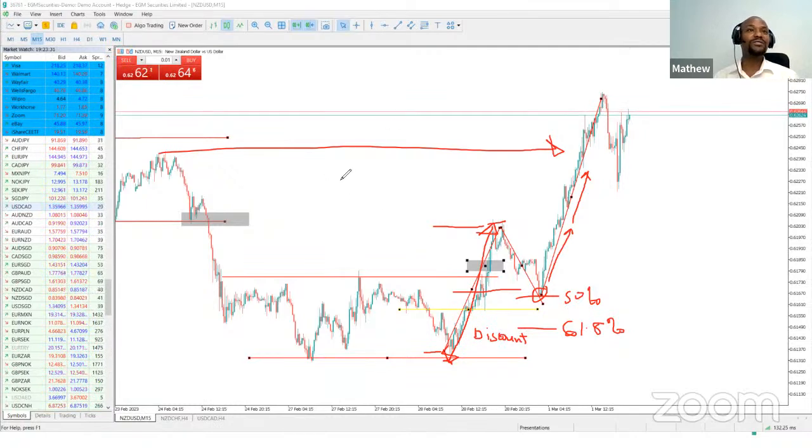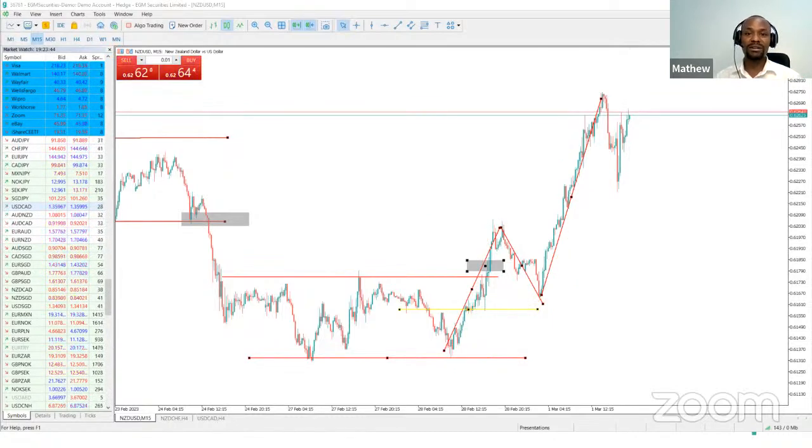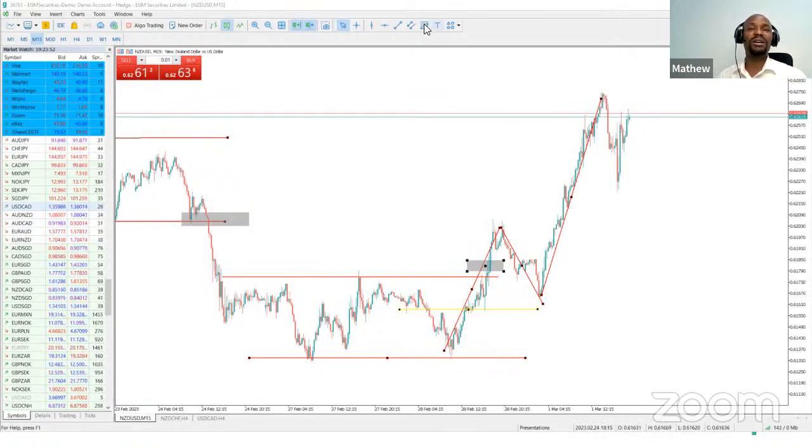For the ones who want to use a Fibonacci, let me get a Fibonacci here. You see how the price action and the retail concepts, you can bring them together with smart money concept and work better.